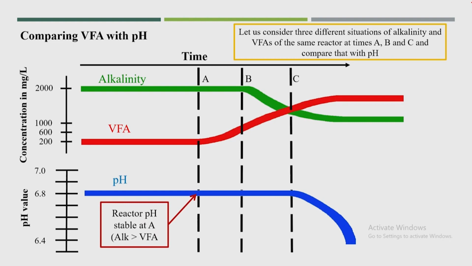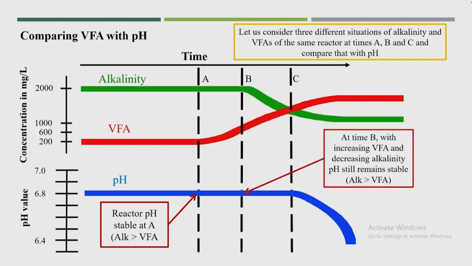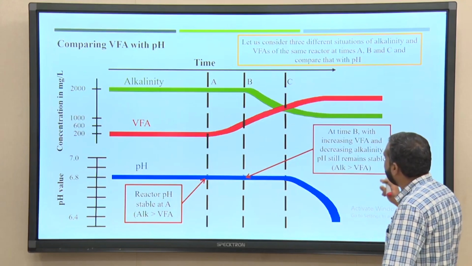At condition A, the pH is stable. In that case alkalinity is more than VFA.